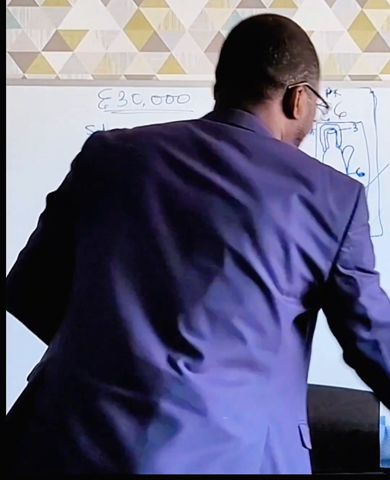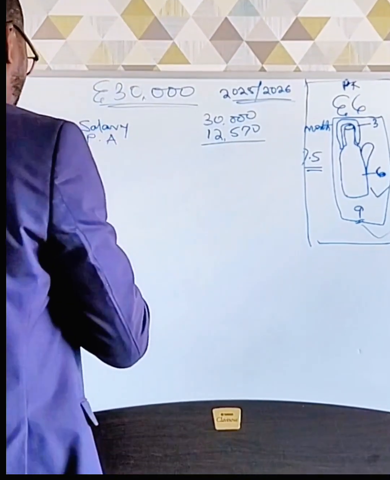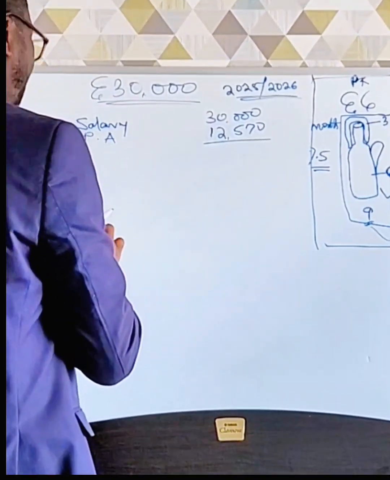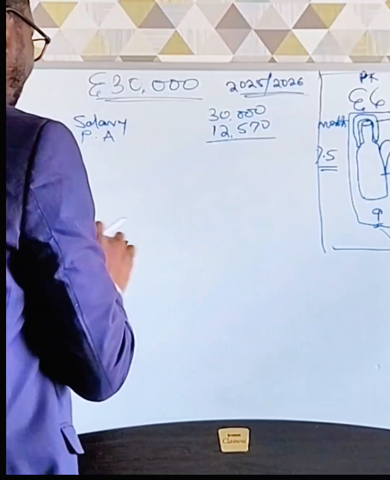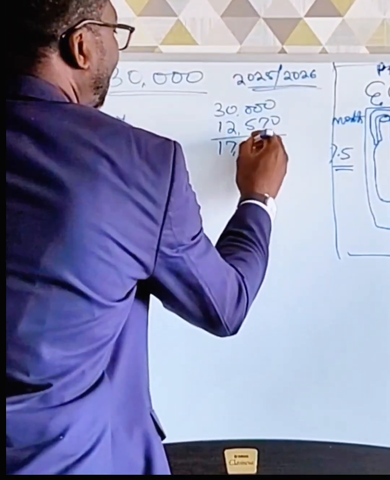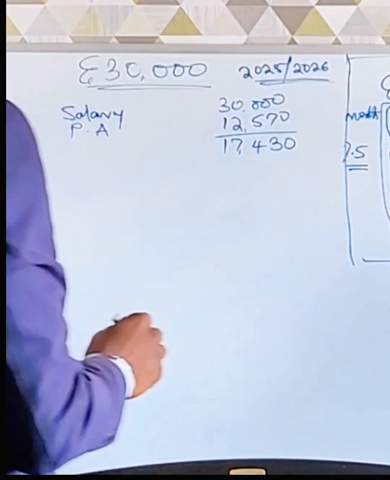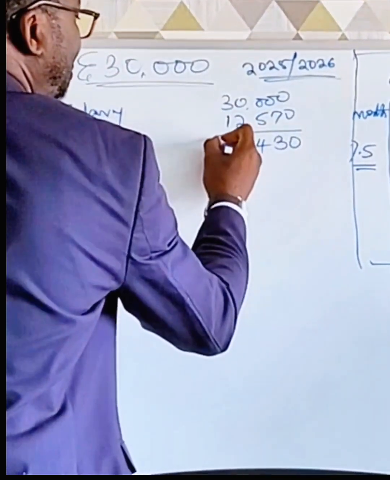So let's say that is 30,000 minus 12,570. All right. So you have 17,430.